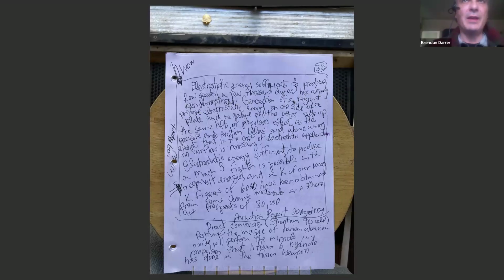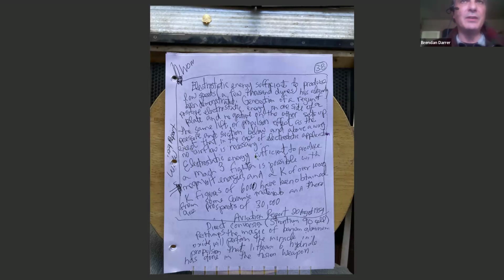Generation of a region of positive electrostatic energy on one side of a plate and negative on the other side sets up the same lift or propulsion effect as the pressure and suction below and above a wing. Very important, yeah. Except that in the case of electrostatic application, no airflow is necessary.